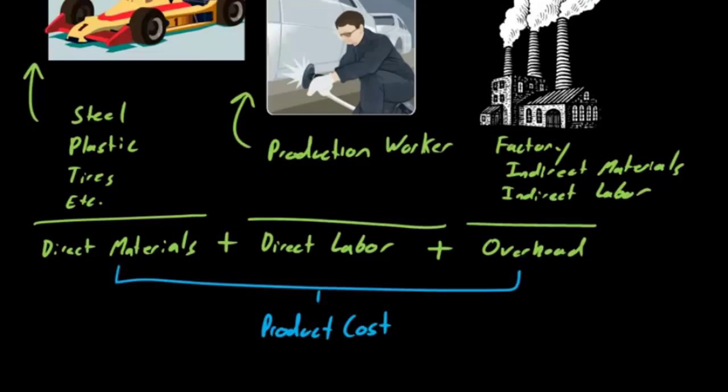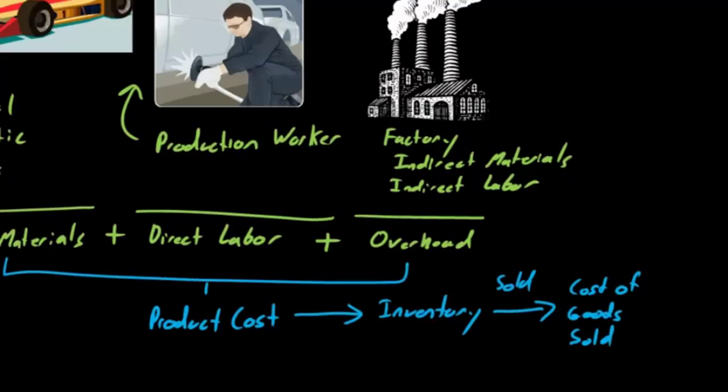So direct materials, direct labor, and overhead are all going to be part of a product cost, the cost of producing a product. Whenever we incur direct material costs, direct labor costs, or overhead costs, that's going to be part of our inventory. So it will not be an expense until it goes into an inventory account, and then it will be expensed when the inventory is sold. If you remember from financial accounting, that expense is the cost of goods sold.